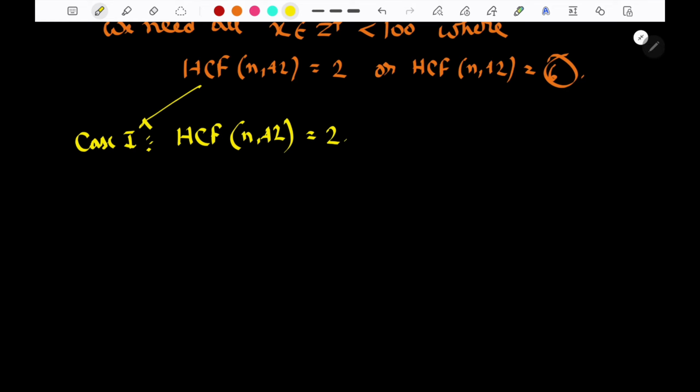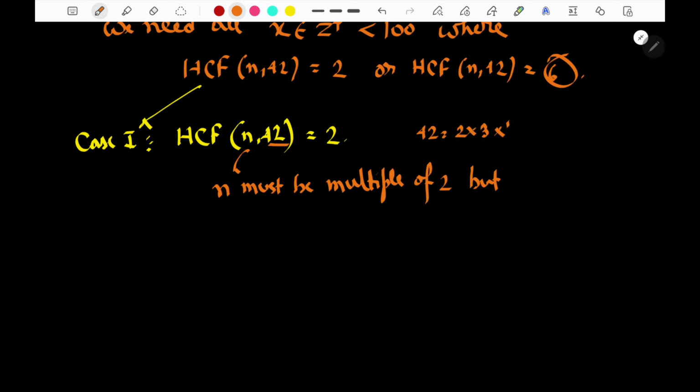Now if HCF of n comma 42 is 2, there are 2 or 3 conditions that must be required. n must be a multiple of 2, true, but now what is the prime factorization of 42? 42 is 7 into 6, that is 2 into 3 into 7. So n must be a multiple of 2 but not of 3 and 7.